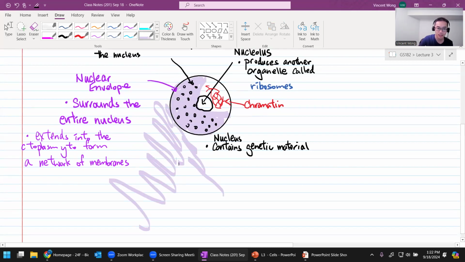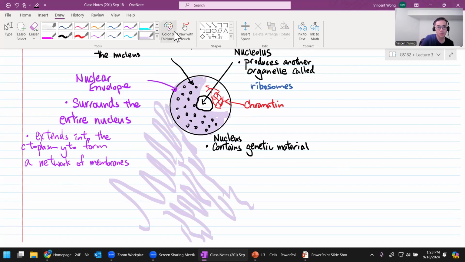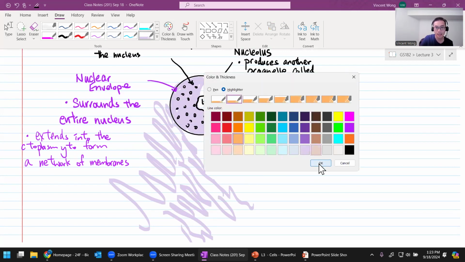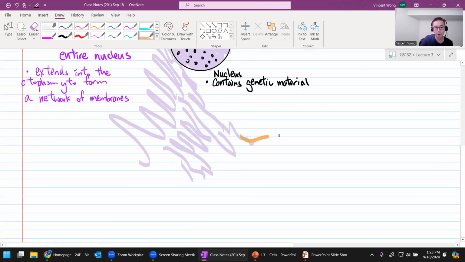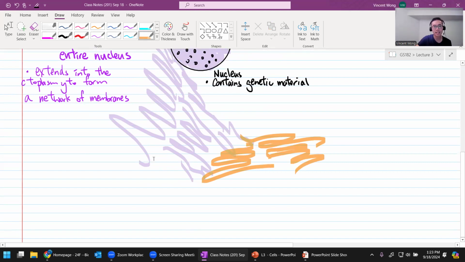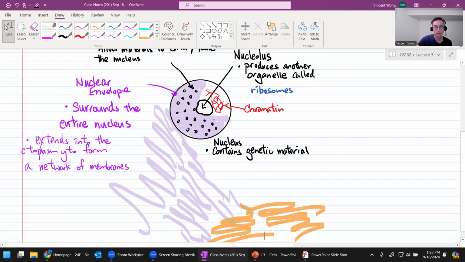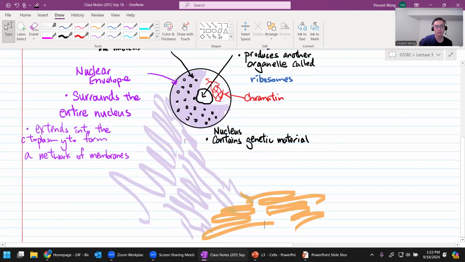You can just randomly draw some here and there like that. Then switch the color to something else, and you can draw a little bit more network. So these are just an extension of the nuclear envelope into the cytoplasm. It just spreads out.